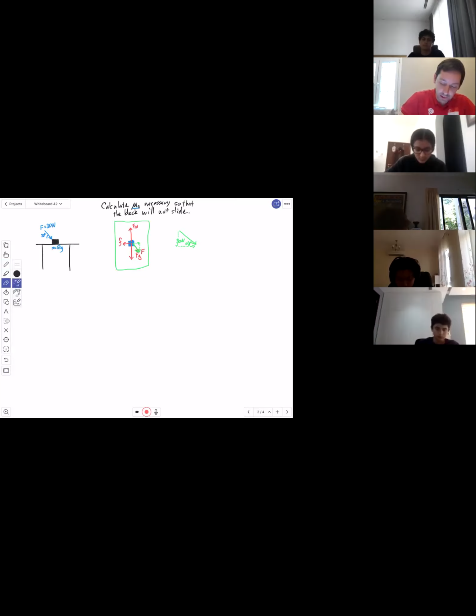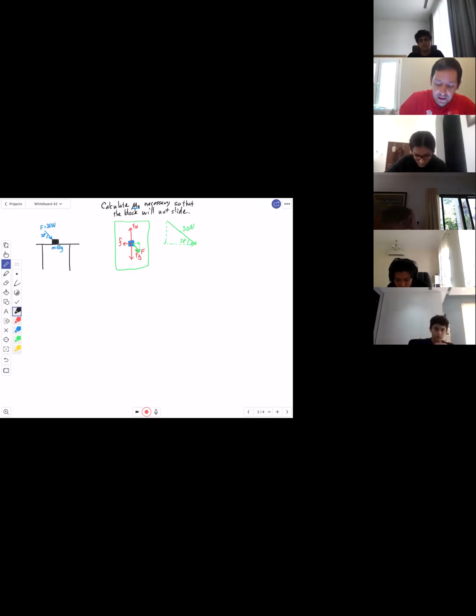You know what, I can draw that bigger. We can do better. There we go. So it has a down component and a component to the right. There's our 20 degrees, 30 newtons. We're going to go ahead and find the components.